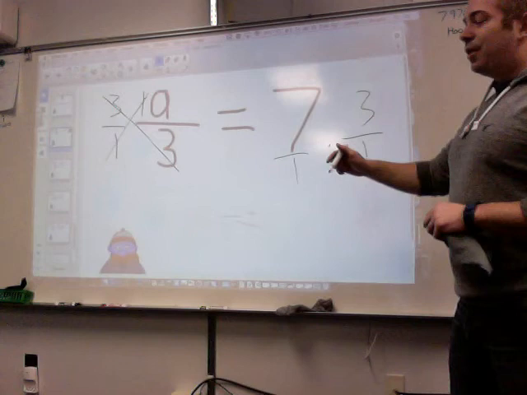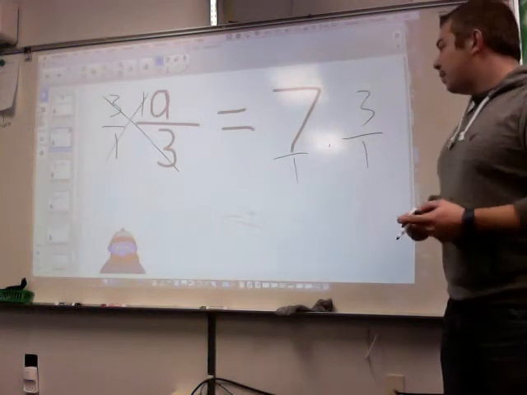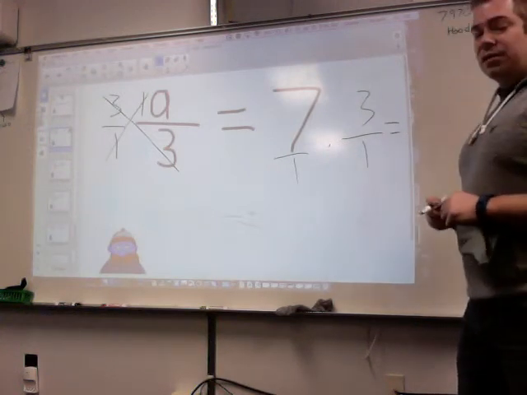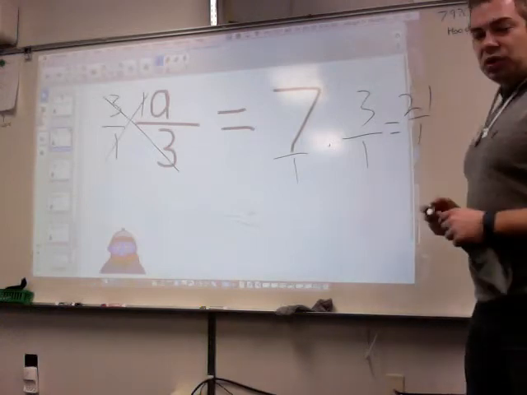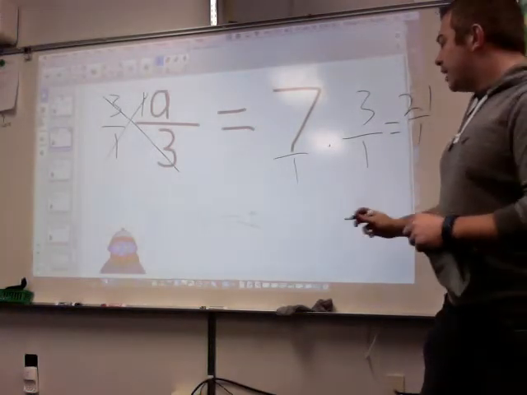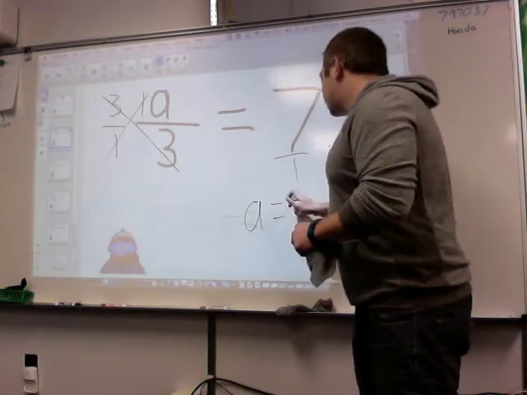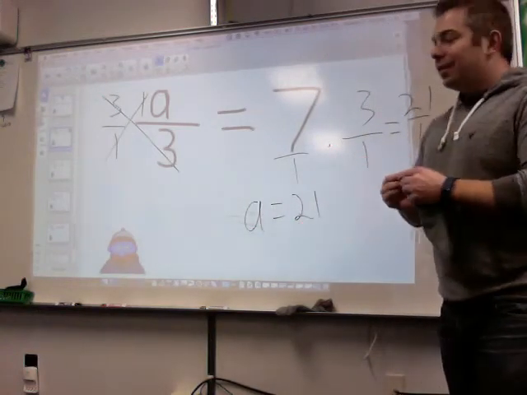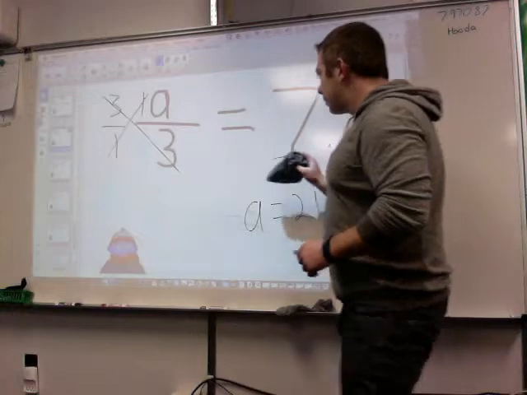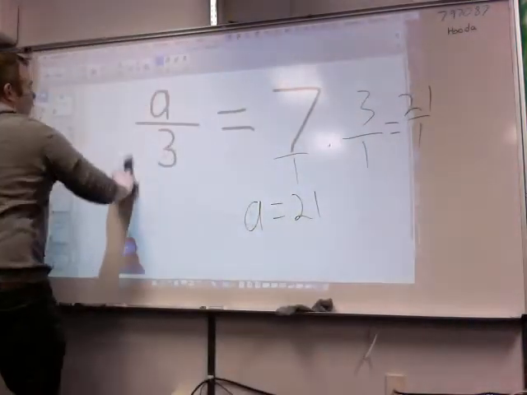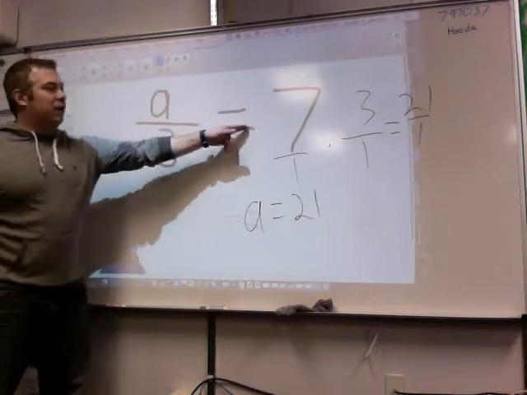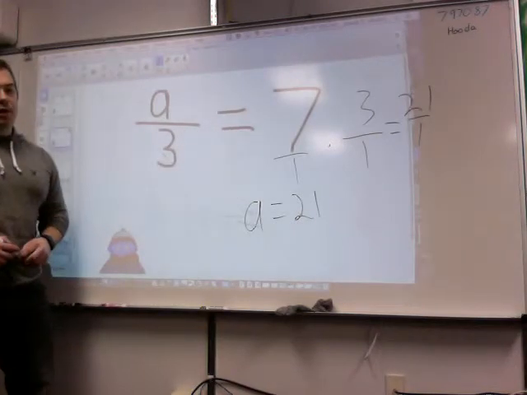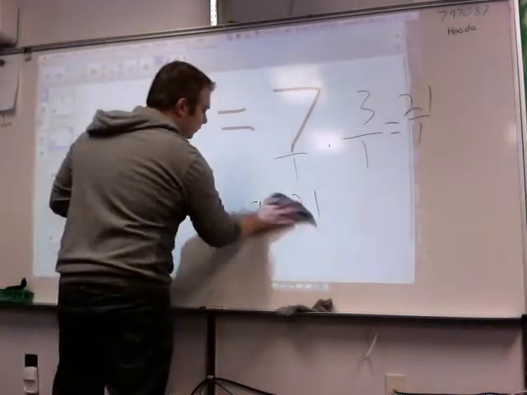We don't really have to put them over 1 over here, but we will anyways. 7 times 3 is 21 over 1, which is just 21. So we have a equals 21. Let's plug it in and see. If I have 21 divided by 3, will it equal 7? You could check the work. It does.